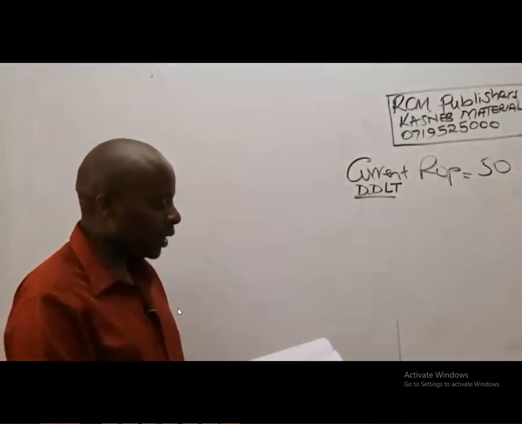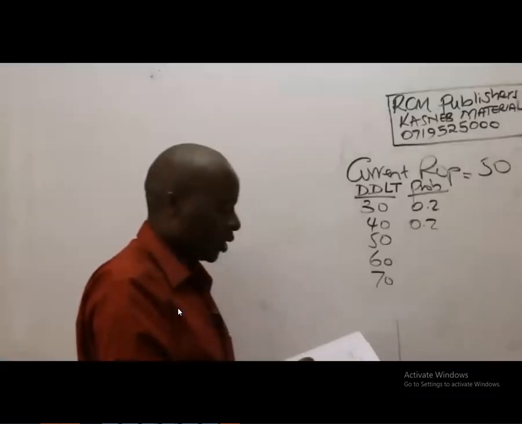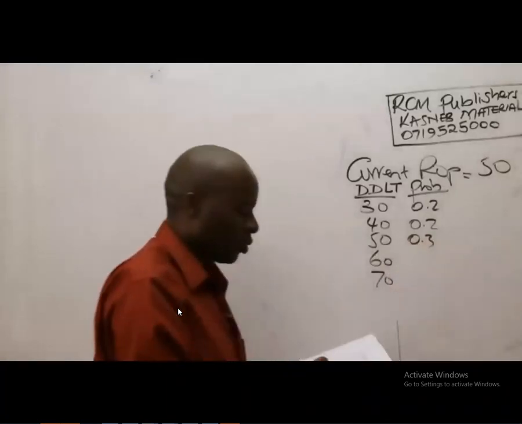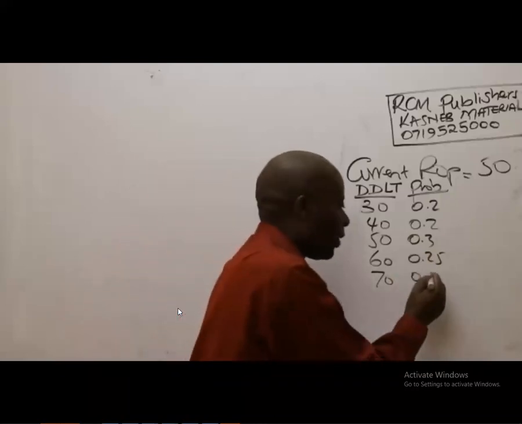The examiner has told us ABC Limited has experienced a probability distribution for inventory demand during lead time as shown below. So I can see DDLT, we have here 30, 40, 50, 60, and then 70. And then they have given us the associated probabilities. Here we have 0.2, the next one is 0.2, the next one is 0.3, the next one is 0.25, and then the last one is 0.05.